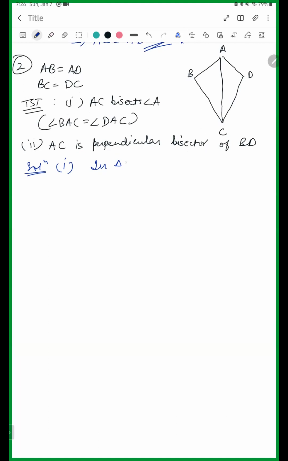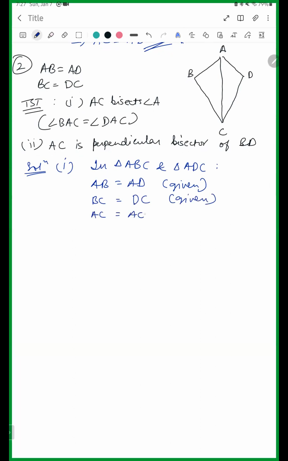So in triangle ABC and triangle ADC, AB equals AD given, BC equals DC given, AC equals AC common, therefore congruent by SSS.